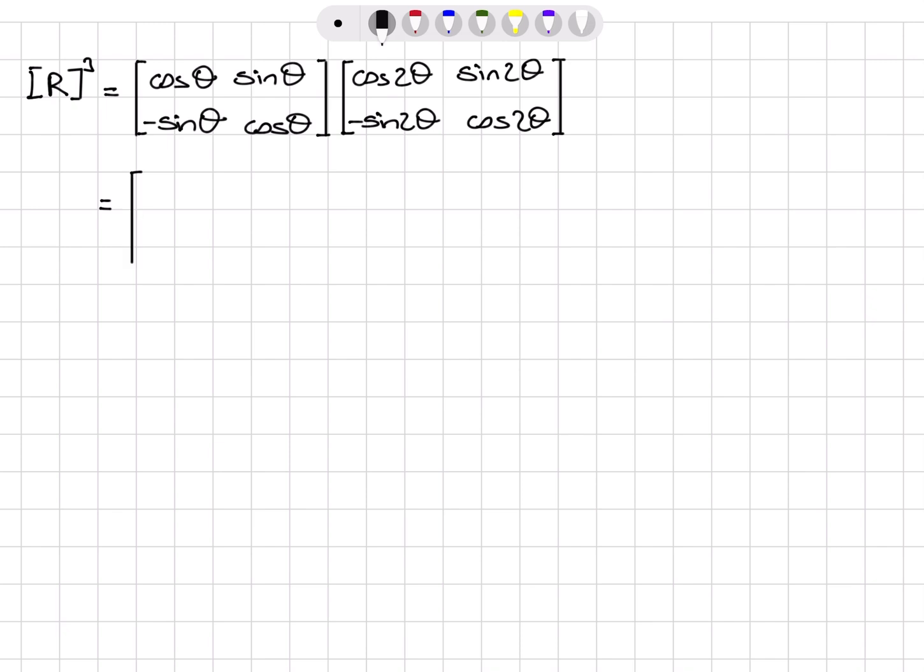We have cosine theta multiplied with cosine 2 theta.